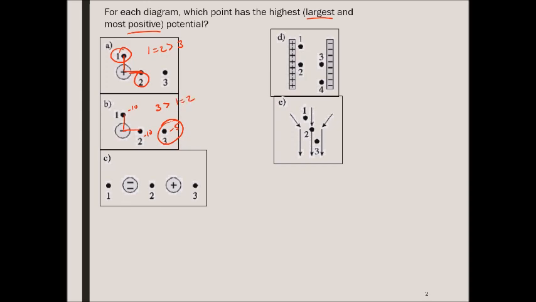Okay, now we have two charges, a single positive charge and a double negative charge. So this is plus Q, and this is minus 2Q. Which has the most positive and largest value? Now 2 and 3 are equidistant from our positive charge, but 2 is also close to this negative charge. So again, we're going to have a large gradient in here.